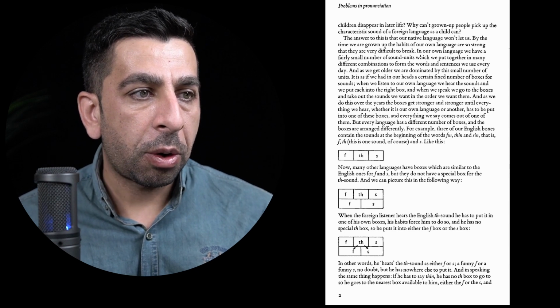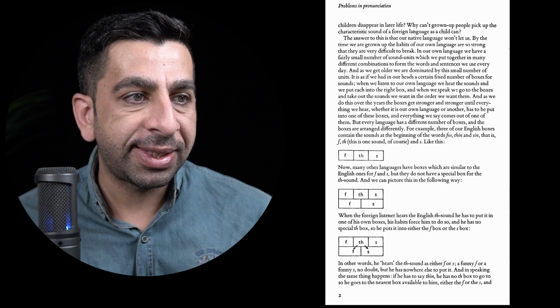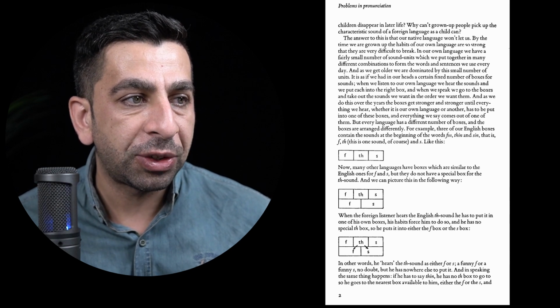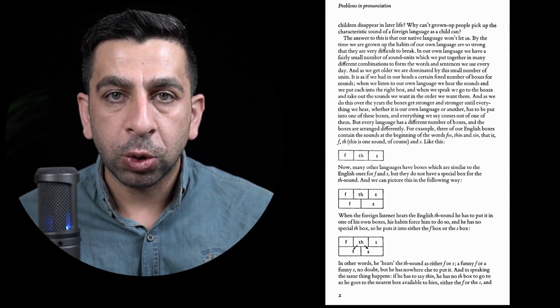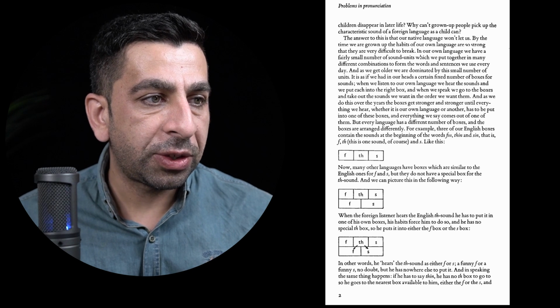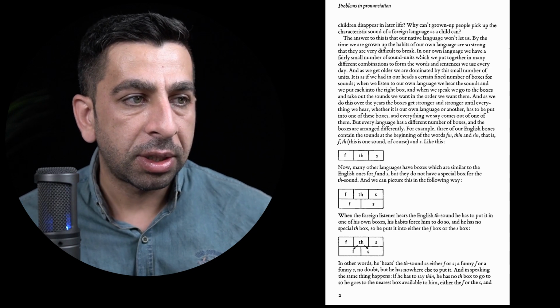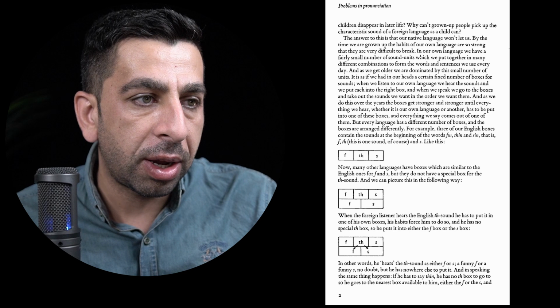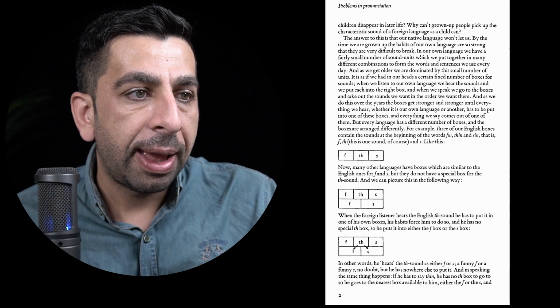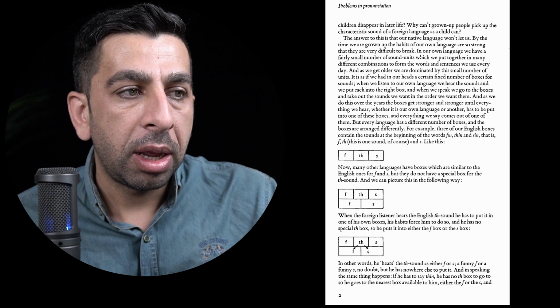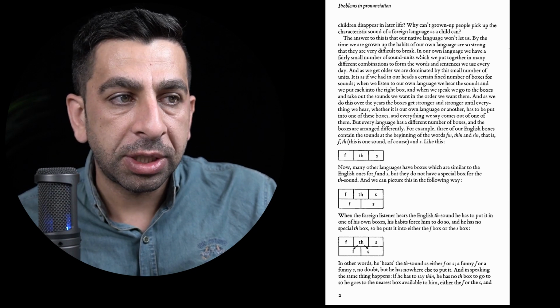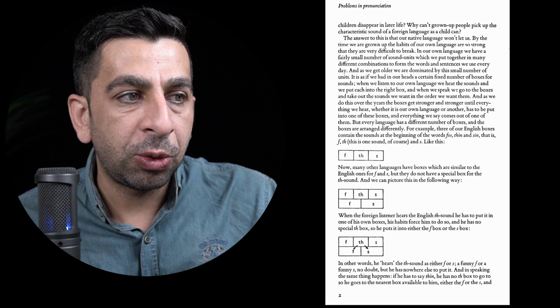When we listen to our own language, we hear the sounds and we put each into the right box. من دا نسمع اللغة مالتنا الأم نخلي كل صوت بالصندوق الخاص به. And as we do this over the years, the boxes get stronger and stronger until everything we hear, whether it is our own language or others, has to be put into one of these boxes.